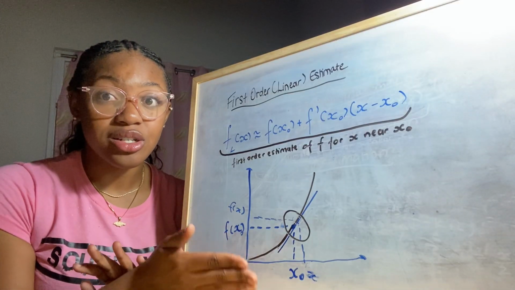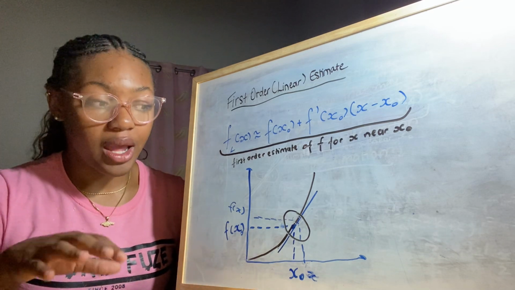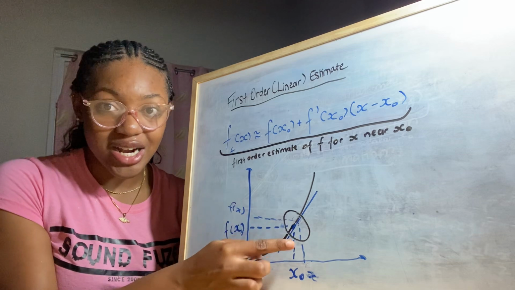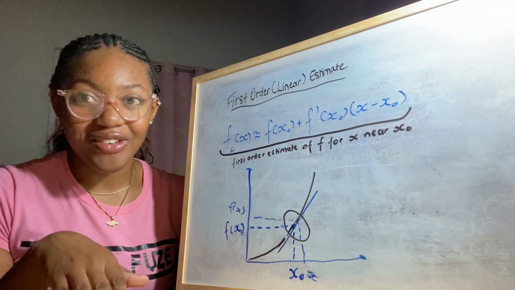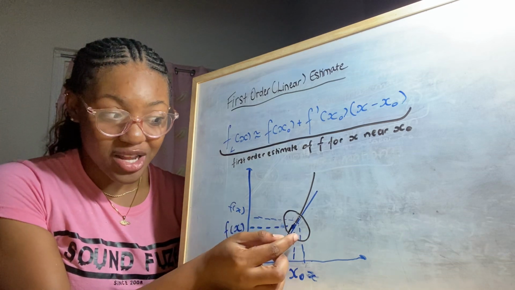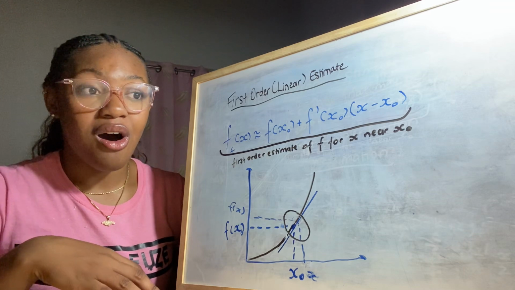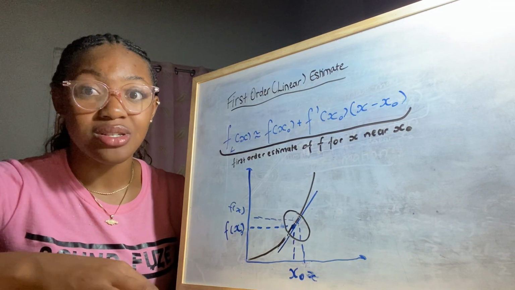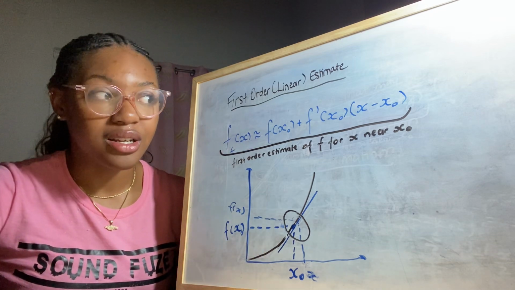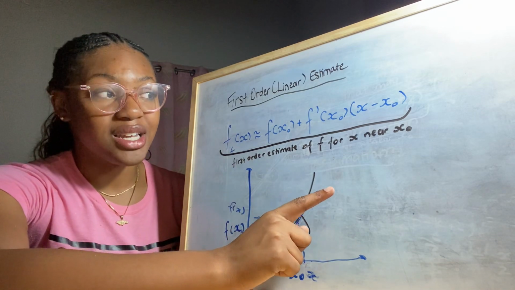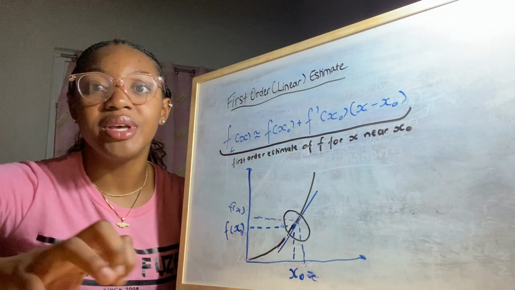Because the tangent is touching the curve at that point. However, if we consider x values in the same vicinity right here, where the tangent is not touching the curve, it's close, so we're going to get an approximation with the x values that are close to the point the tangent is touching the curve at. Which is why we're saying this works when x is near x naught. So it has to be in the same vicinity.